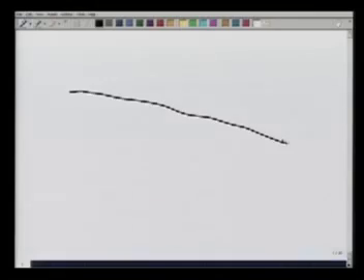So, let us say this is a channel. The flood wave is moving in this direction, and here I know the hydrograph. You all know what a hydrograph is, right?